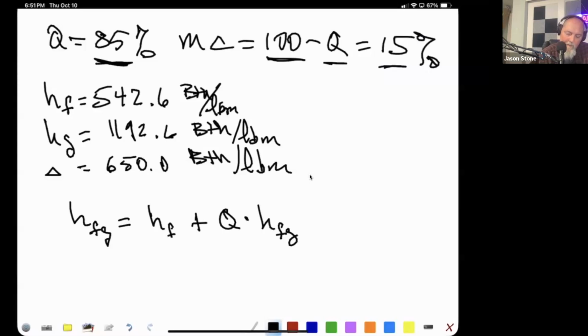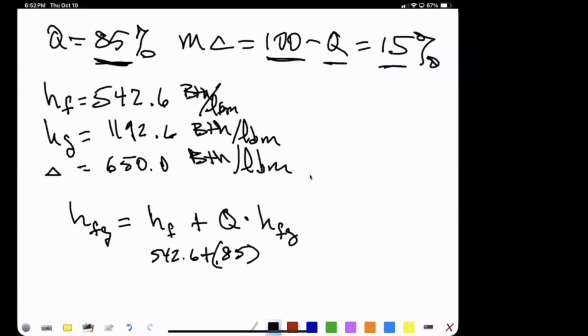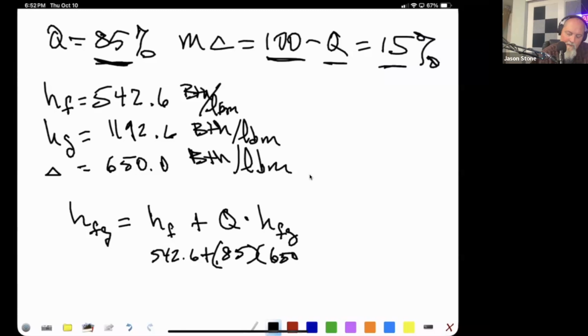So 542.6 plus 0.85 times 650, so 85% of that difference between the H sub F and the H sub G. 0.85 times 650 equals 552.5.